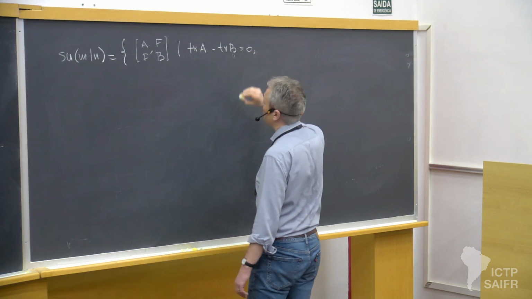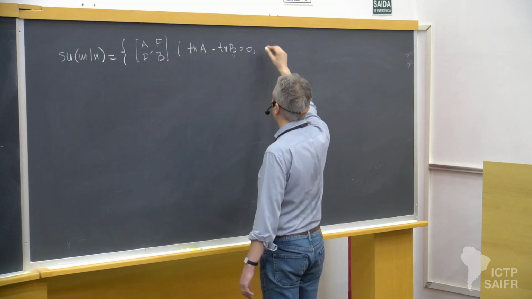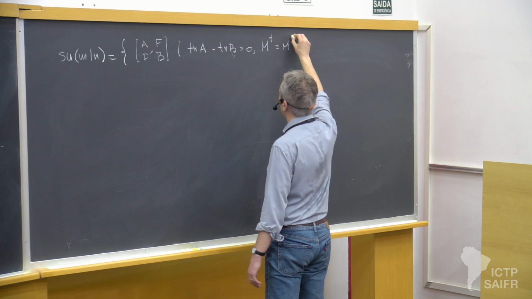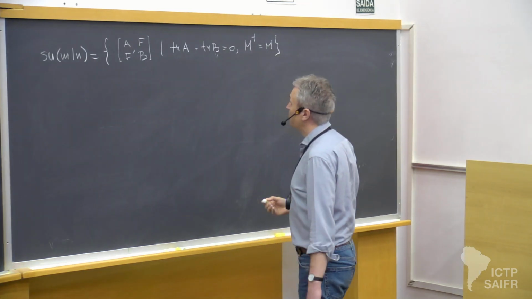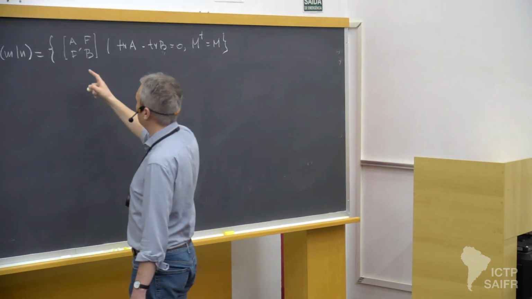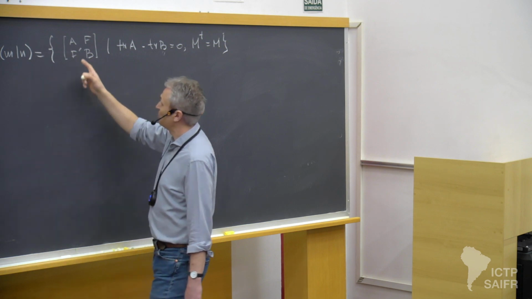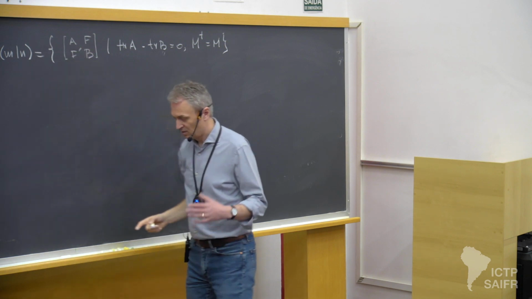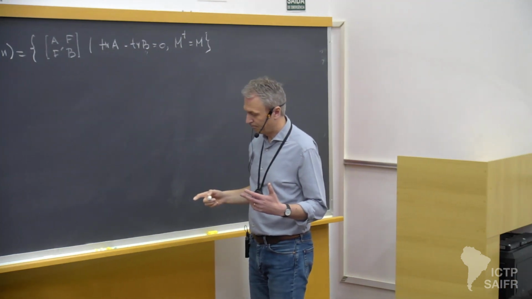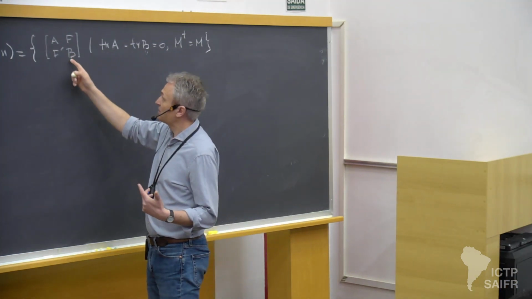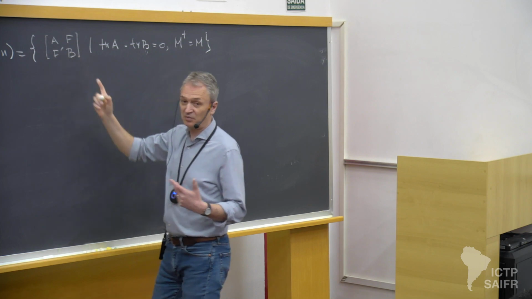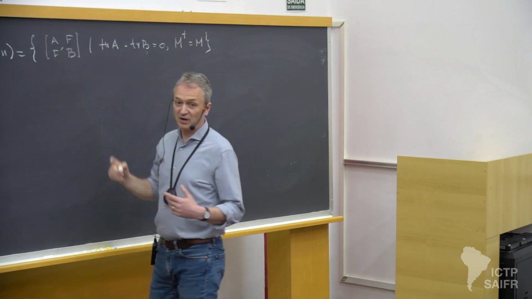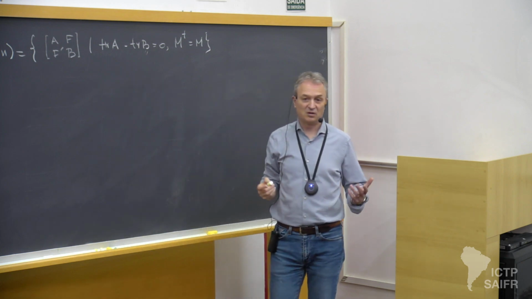And the matrix is Hermitian. So the fermion parity of elements of these blocks is such that A and B are bosonic matrices, and matrix elements of F are fermionic Grassmann numbers.